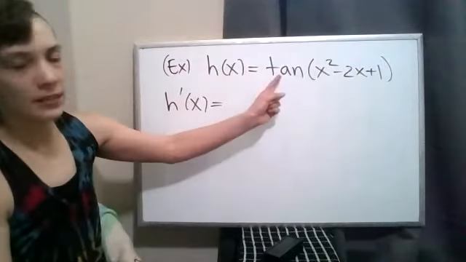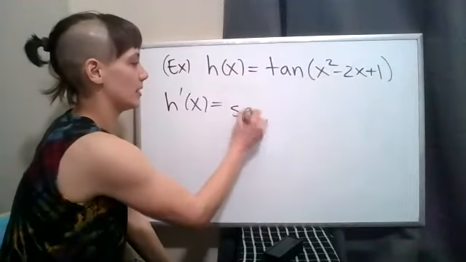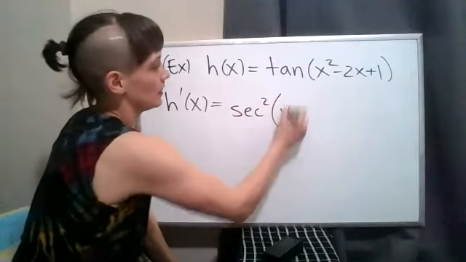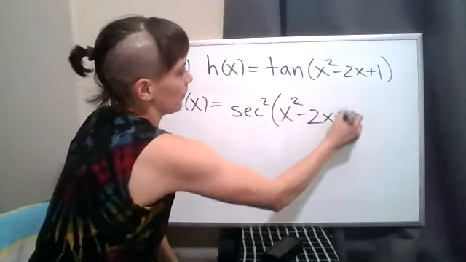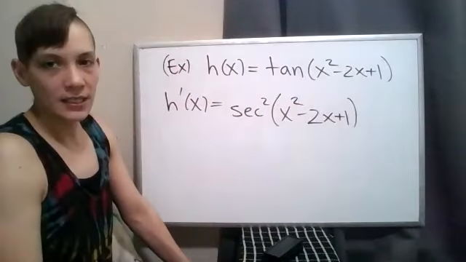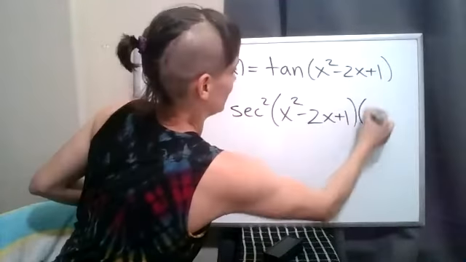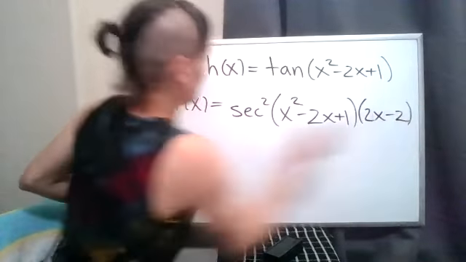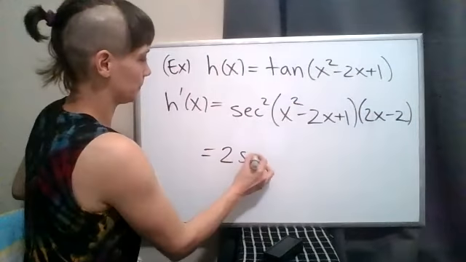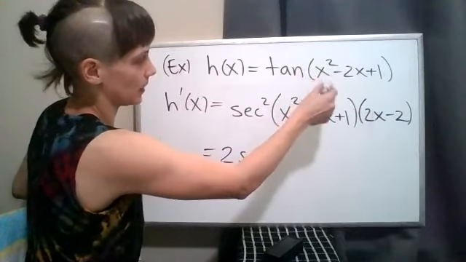Okay. Derivative of the outer function, secant squared, times the derivative of the inside function. So if I factor out a 2, 2x minus 2.